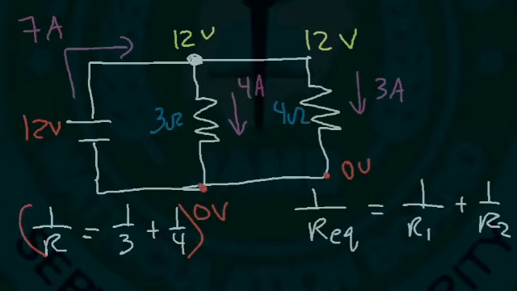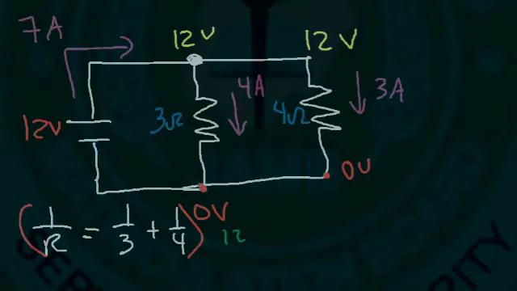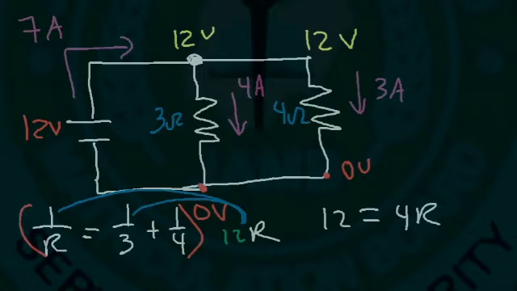To do that, we need to multiply both sides by 12. We might need an R as well. Let's multiply both sides by 12R. So 12R times 1 over R is 12. 12R times 1/3, that's going to be 4R. 12 divided by 3 is 4.